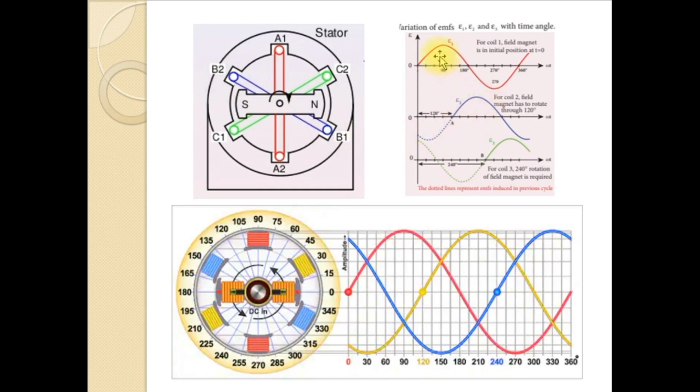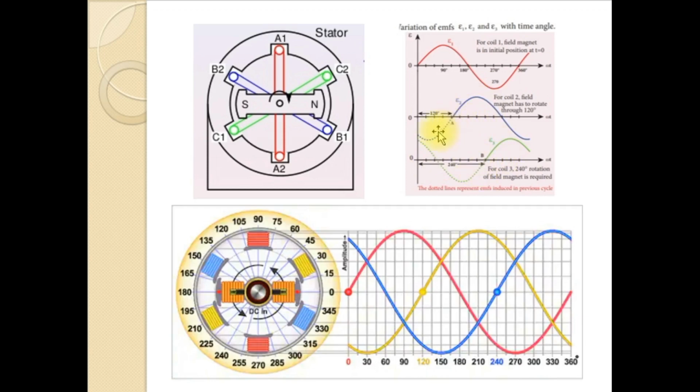That means the similar points on the waveform will be lagging, or displaced, by 120 degrees from that of R and B. Similarly, for the variation on the green, there will be a phase difference of 240 degrees between the first waveform and the third waveform, and between the second waveform and the third waveform a phase difference of 120 degrees will be there.